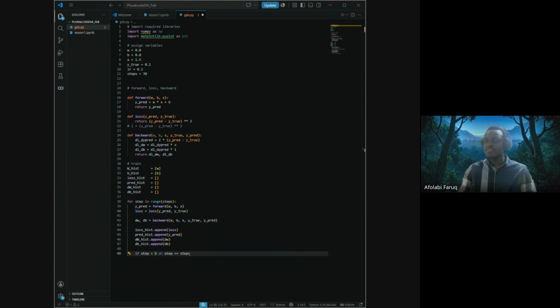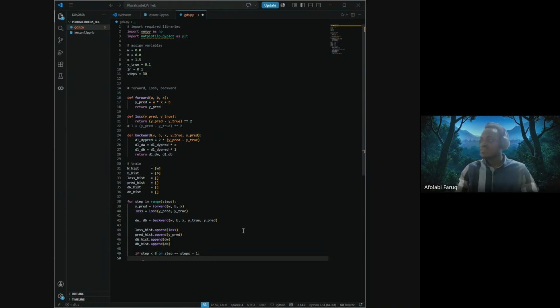Don't forget that step increases, so now it's the same as steps minus 1. Don't forget this is starting from 0. So the length of the steps itself is going to stop at steps minus 1. So that's why we have that.